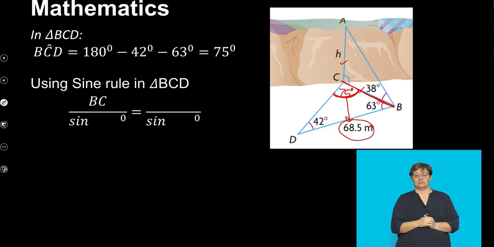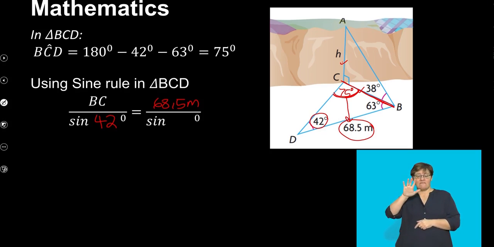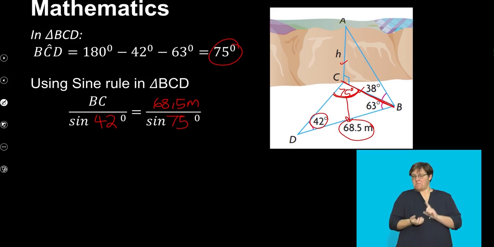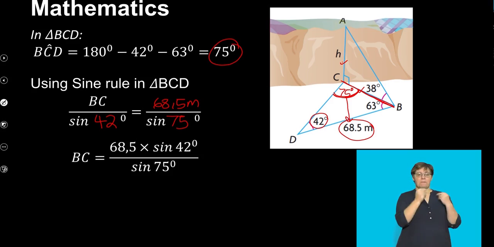So BC over the angle across from it, which is 42, must equal 68.5 meters over the angle across it, which is 75 degrees, the one we just found. We've got to rearrange this to get BC. So BC is equal to 68.5 times sine of 42 over sine of 75.